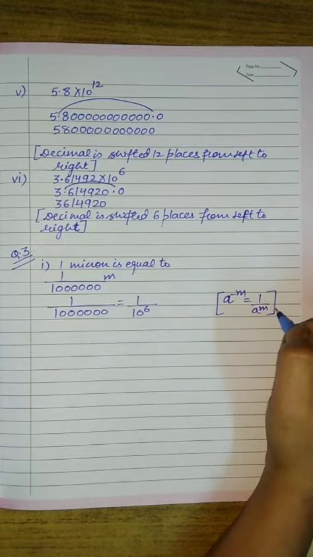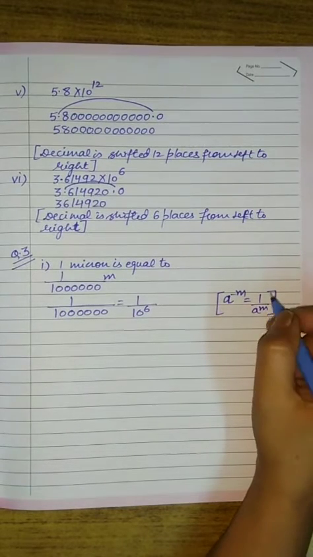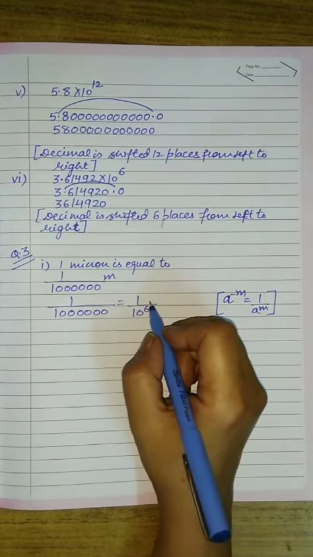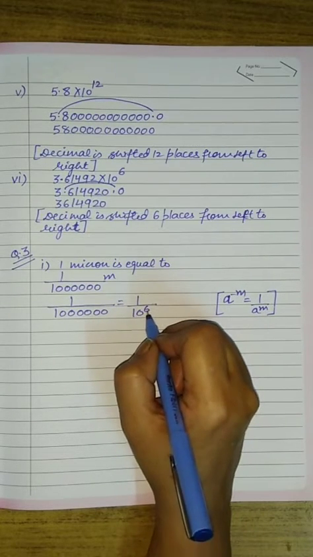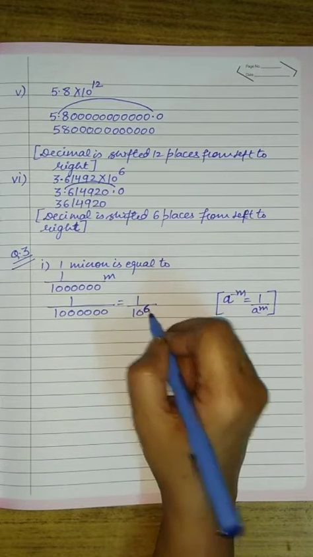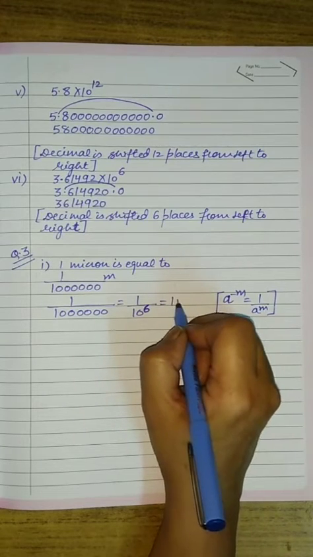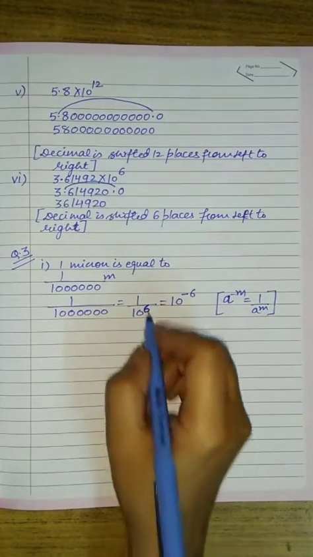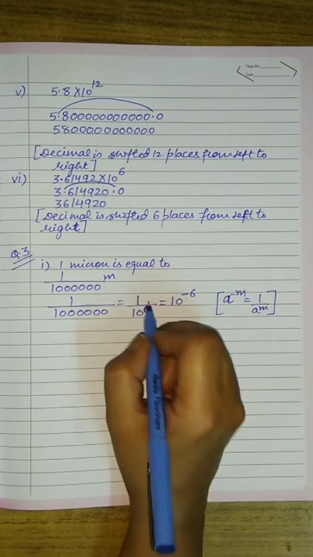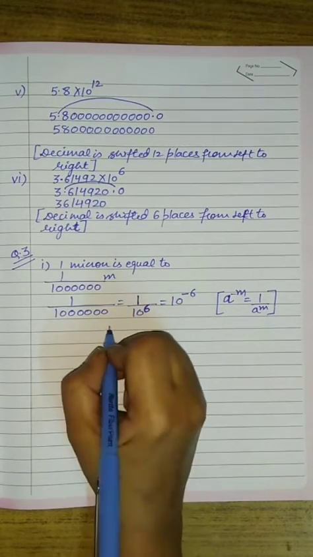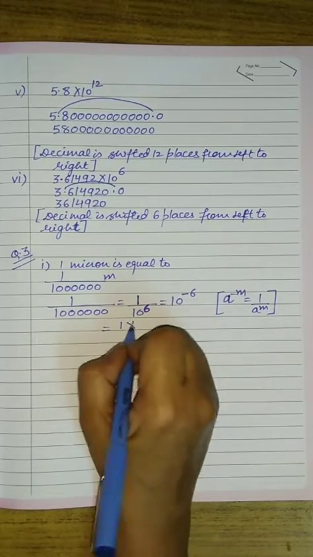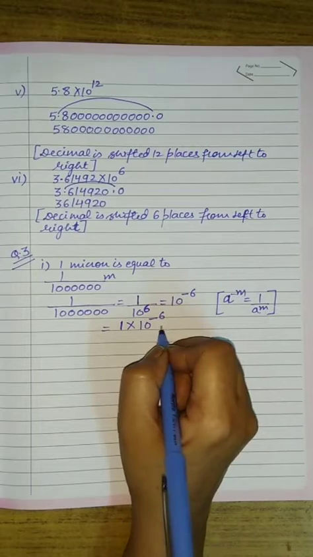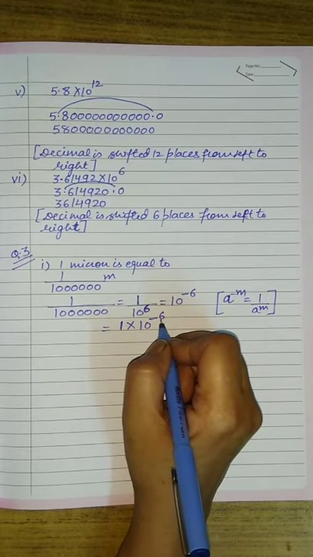Means when we write the reciprocal of a number, the power gets changed. So 1 upon 10 raised to power 6 will be written as 10 raised to power minus 6. Now here we have number 1 only, so the number will be written along with this power as 1 into 10 raised to power minus 6.